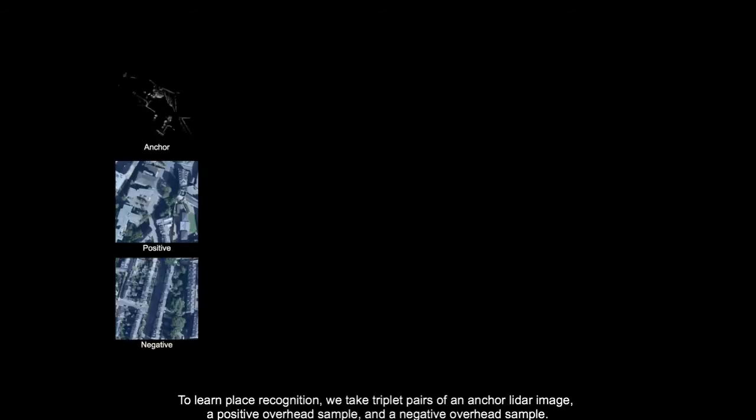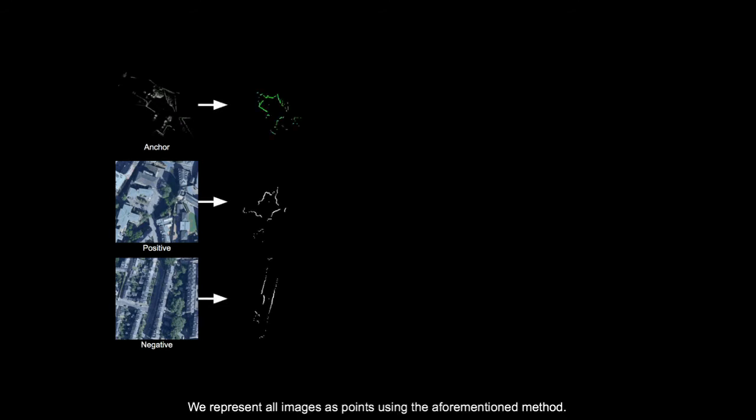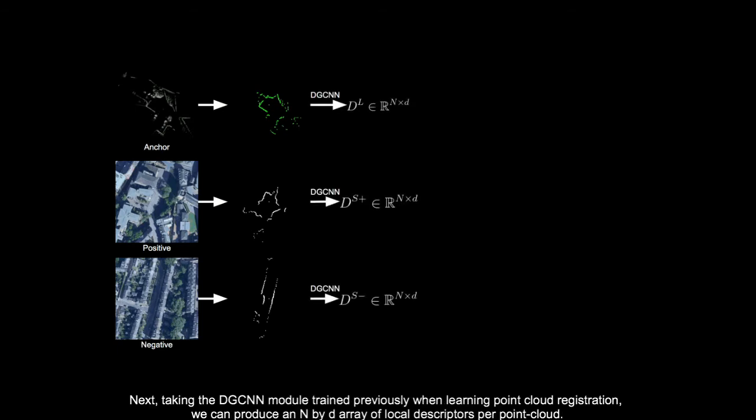To learn place recognition, we take triplet pairs of an anchor LiDAR image, a positive overhead sample, and a negative overhead sample. The positive overhead sample is queried at a proximal location to where the anchor LiDAR image is taken, and the negative overhead sample is far from the LiDAR image. We represent all images as points using the aforementioned method. Next, taking the DGCNN module trained previously when learning point cloud registration, we can produce an n by d array of local descriptors per point cloud.